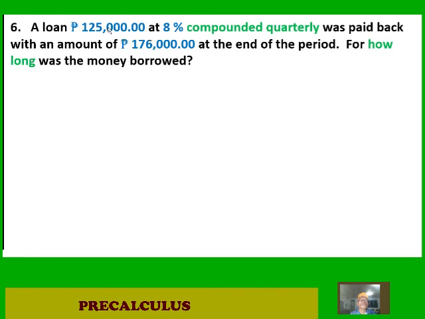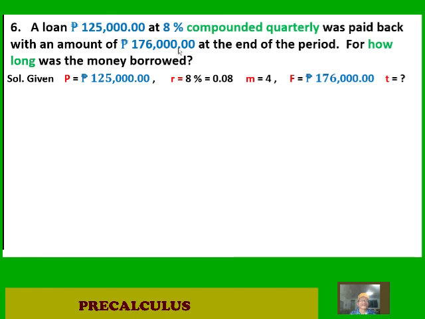So this is the principal or present value and the maturity value. Okay, 8% is the nominal rate, in decimal 0.08. Compounded quarterly, M equals 4. 176,000 is the maturity value. It is asking for how long, or how many years. T is unknown.